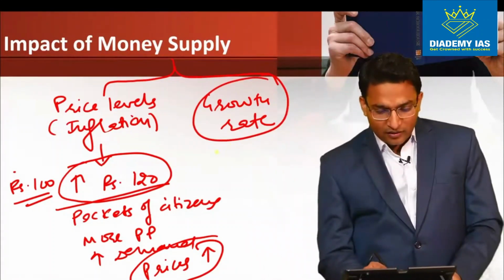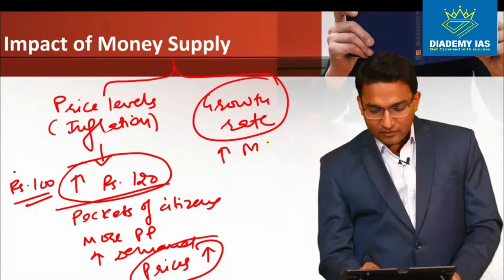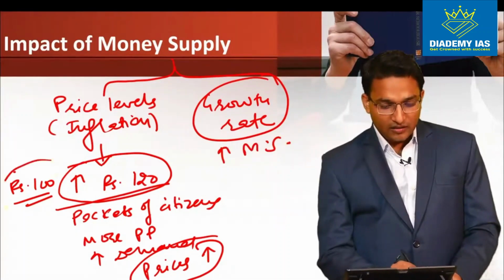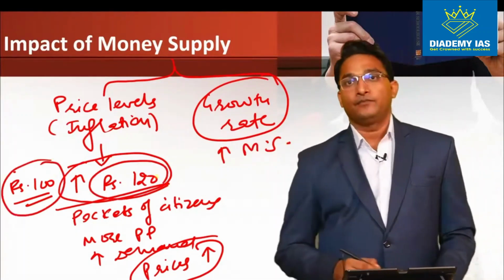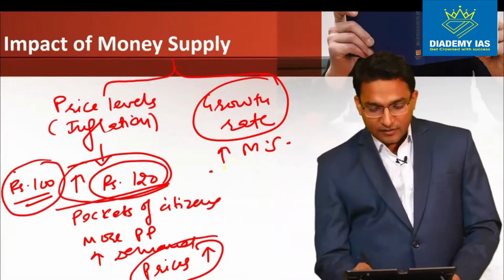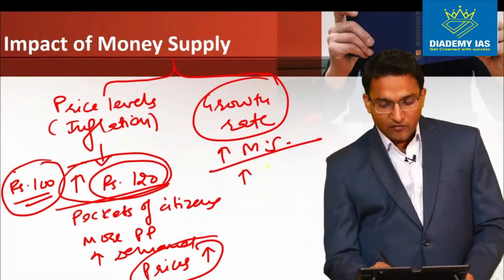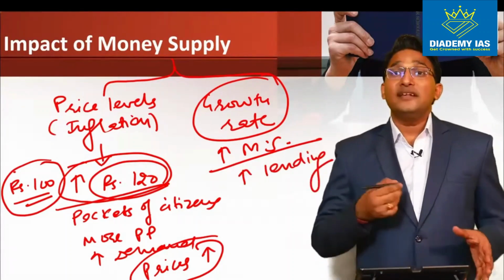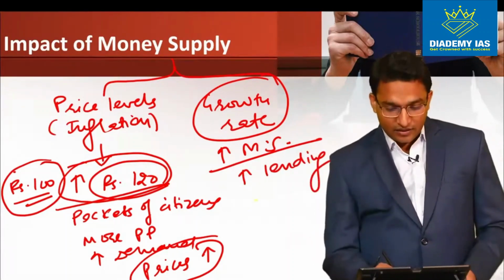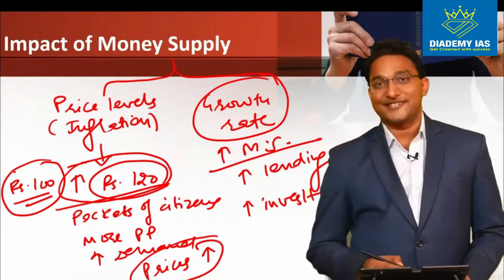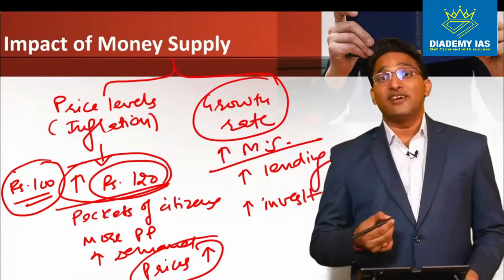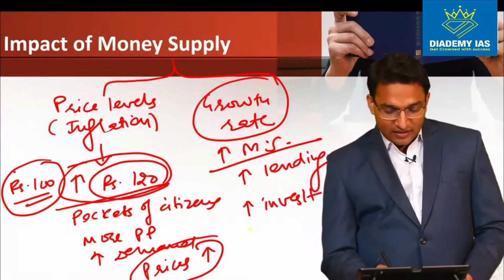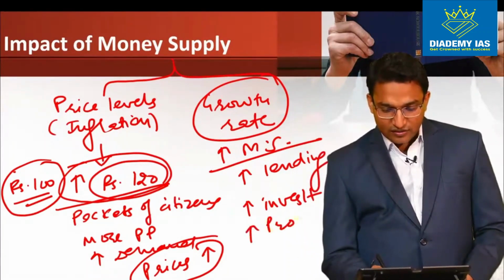So when we increase the money supply, just like here from 100 rupees to 120, that means more money is available for lending to the customers. When more money is available, the businessman can invest more into his business. If the businessman can invest more money, production is increased.